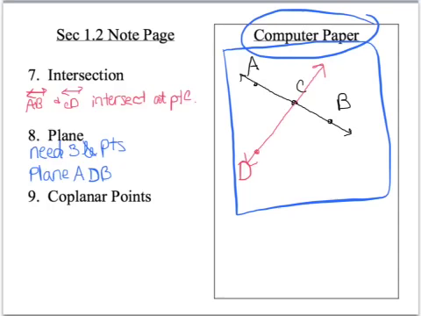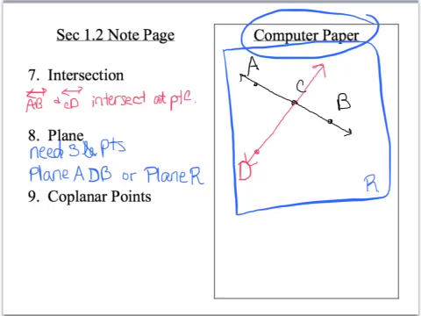Or if you don't want to name a plane by 3 points, a lot of times if you see a cursive capital letter, typically in the right hand corner of your paper, that's another way to denote a plane. So plane ADB, or I could say plane R. Now R is not a point because it's cursive.